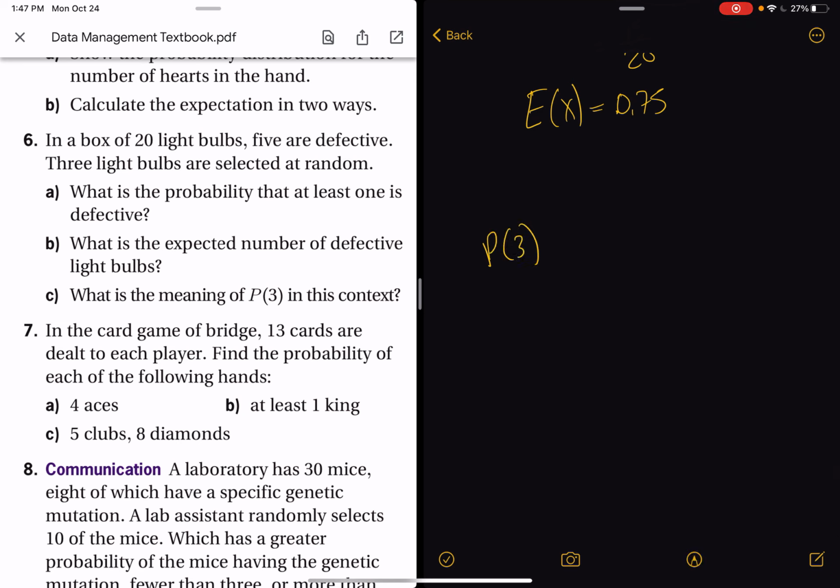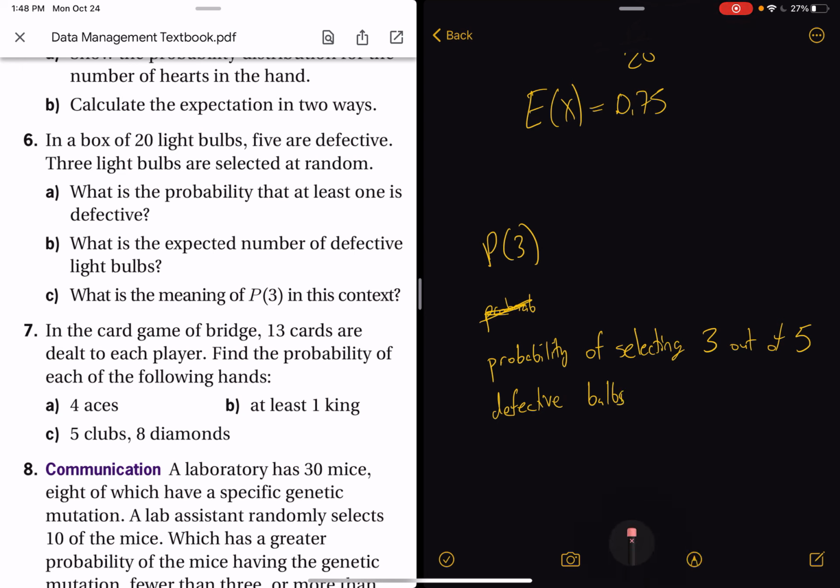So I'm going to write this out. It's the probability, let's write it down properly, probability of selecting 3 out of 5 defective bulbs.